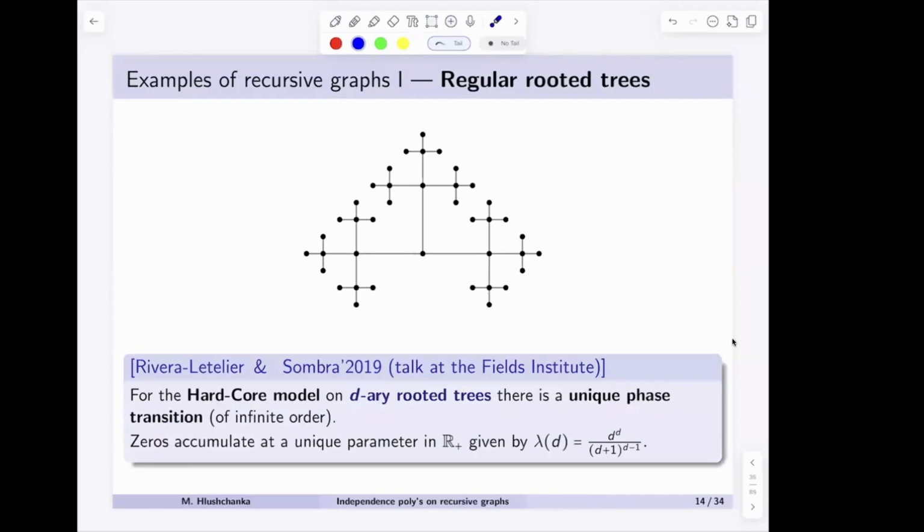The zeros of the corresponding independence polynomials accumulate at a unique physical parameter, and they could tell exactly what the corresponding physical parameter is. So for such recursive sequences of graphs, there exists a unique phase transition.